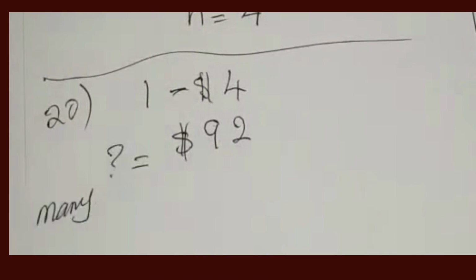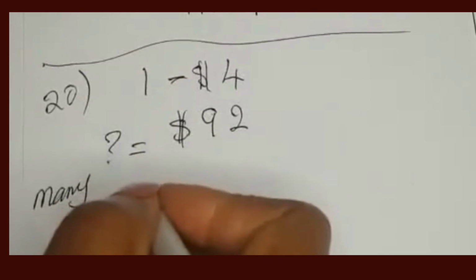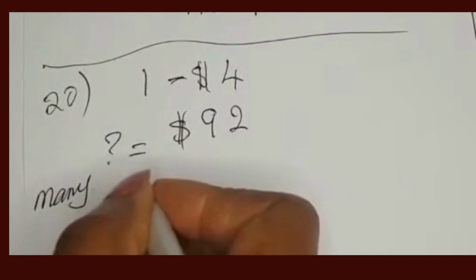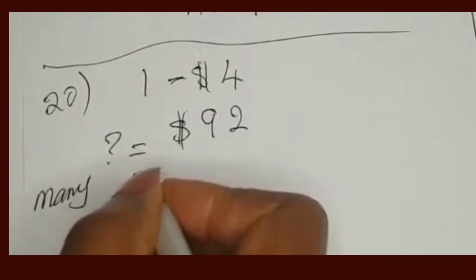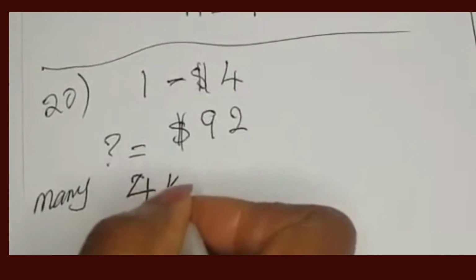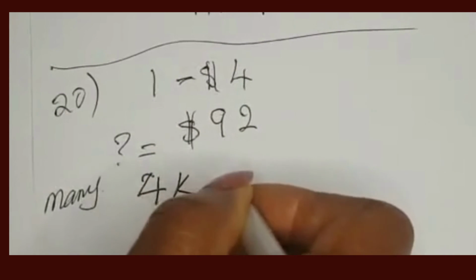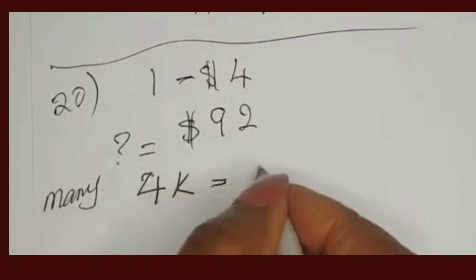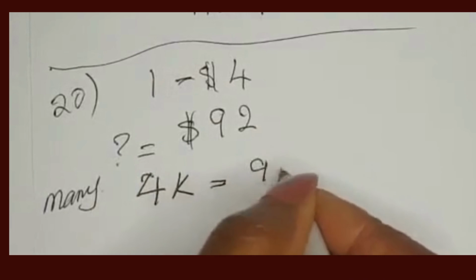So this goes like this. 4C equals 92. What is C? This is how you do it. Let the price of 1 be $4. You don't know how many he bought, but I'm going to call it K, standing for Nikki. So 4 equals $92.